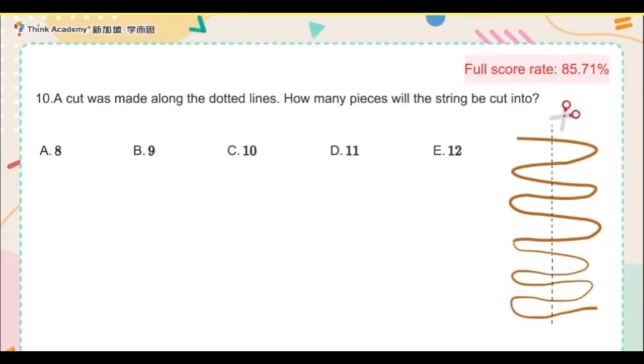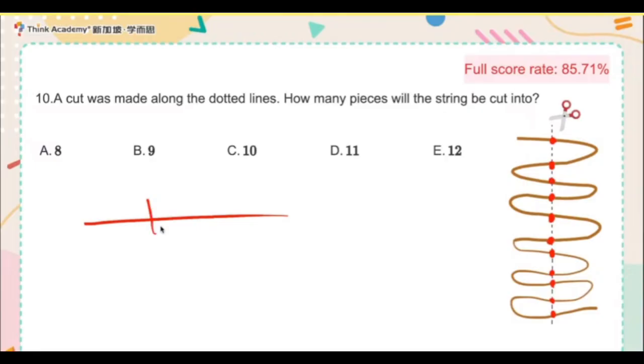Let's see. A cut was made along the dotted lines. How many pieces will the string be cut into? As for this kind of question, we always count the cutting points because this will be related to the number of pieces, right? Everyone, let's see. If Teacher Jane got a string, if I make 1 cut, then how many pieces?